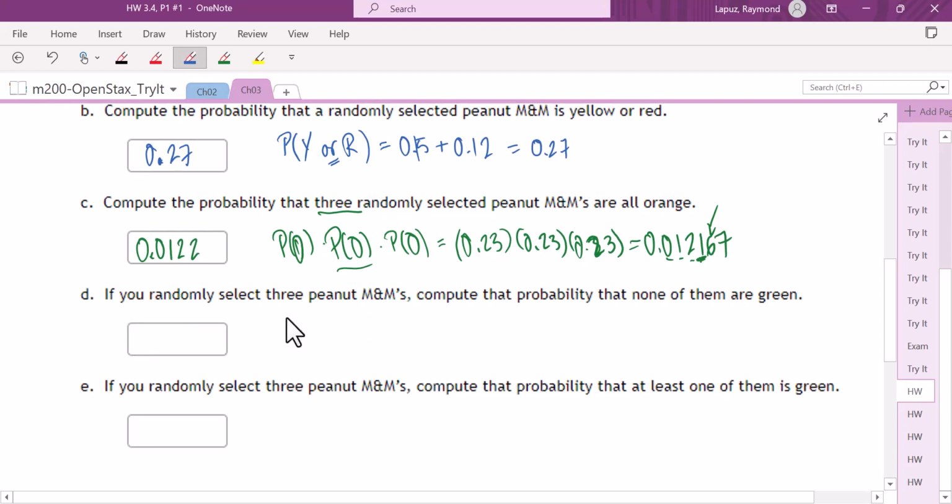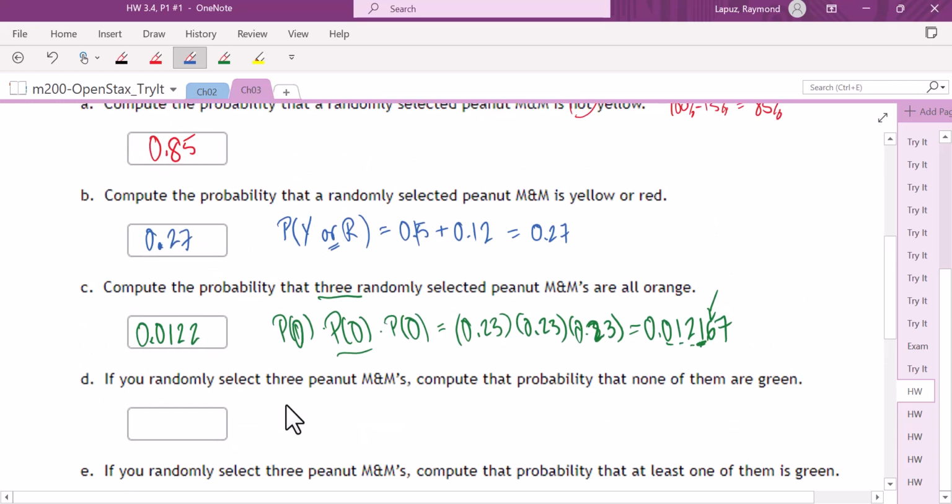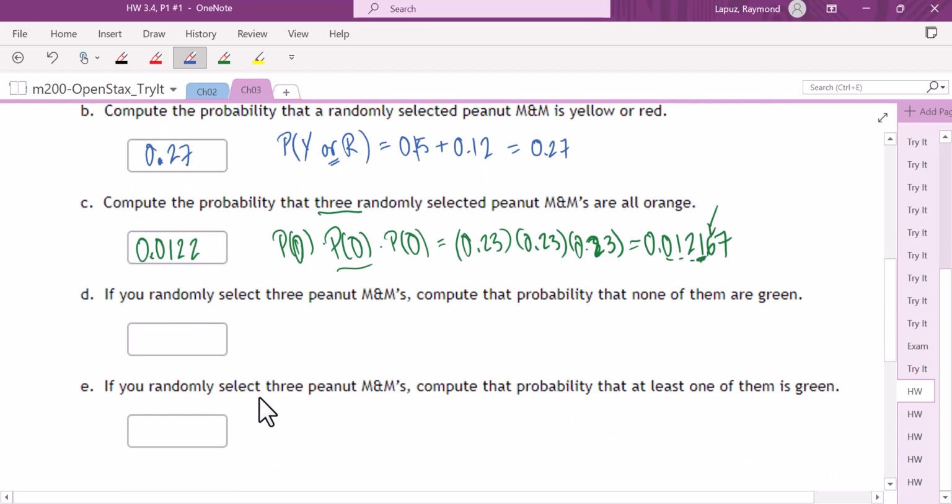If you randomly select 3 peanut M&Ms, compute the probability that none of them are green. So we're going to pick one and find the probability that it's not green. Pick another one, find the probability that it's not green again, and then pick a third one, find the probability that it's not green. So we're concerned about the probability of not green.